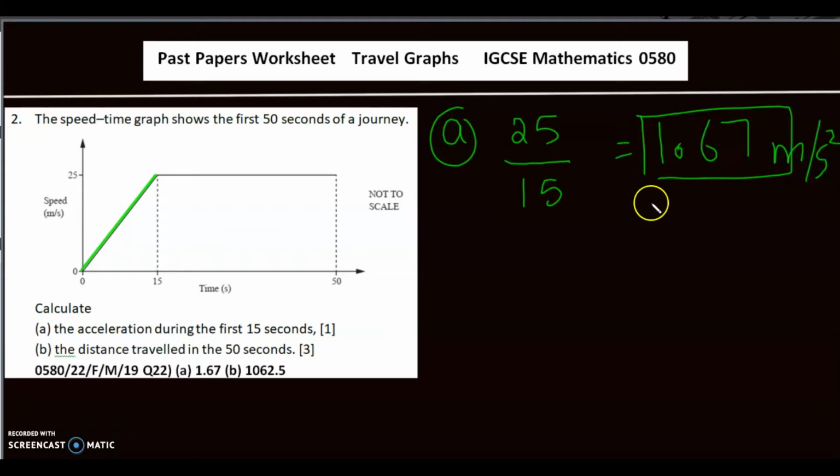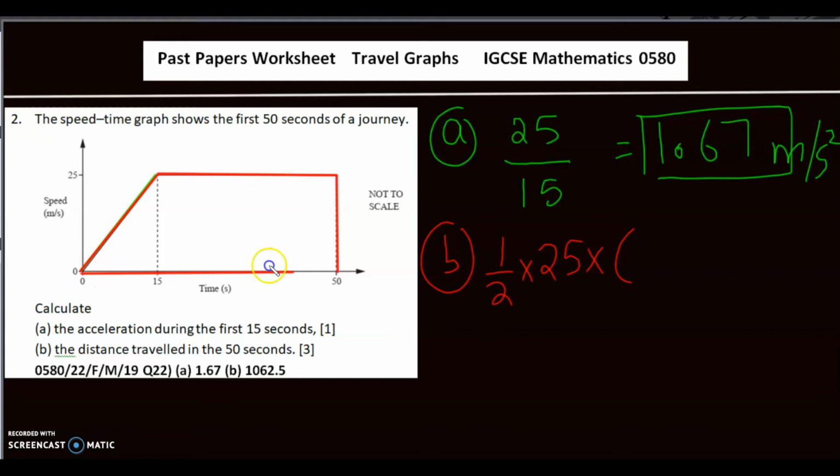Part B, the distance traveled in the first 50 seconds. So we have to find the area till the first 50 seconds. So that's a trapezium. So we'll find the area of the trapezium, half times height, which is 25, times sum of parallel sides. This lower side is 50 and this upper side is 50 minus 15, which is 35.